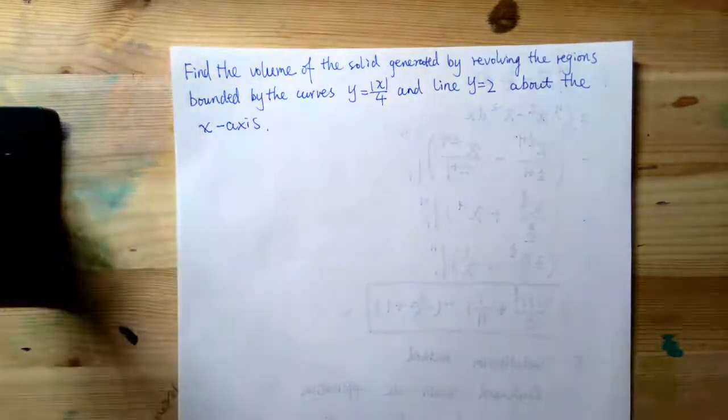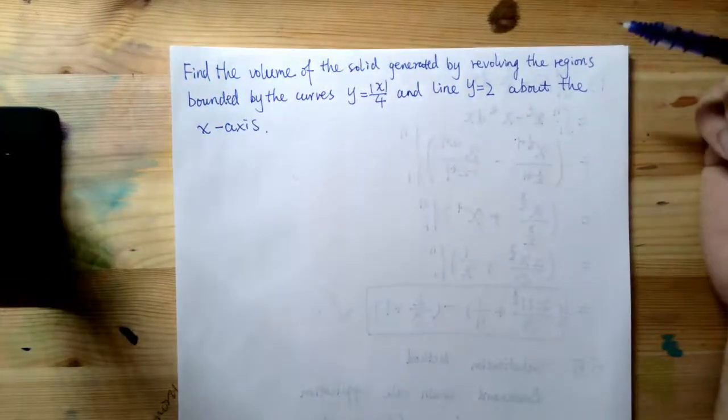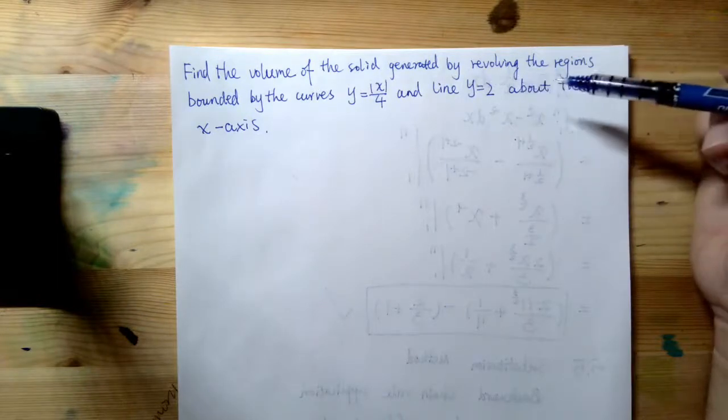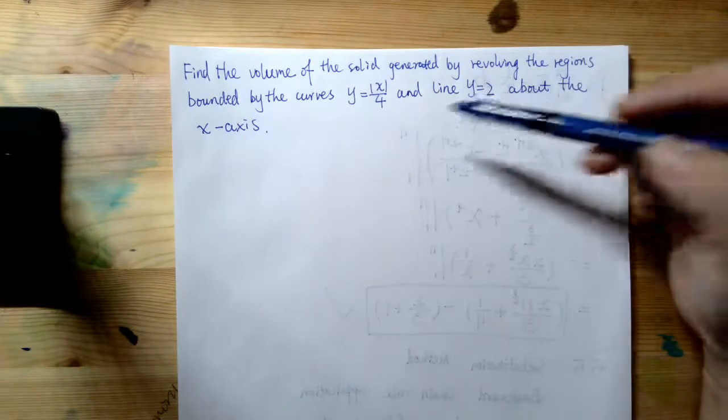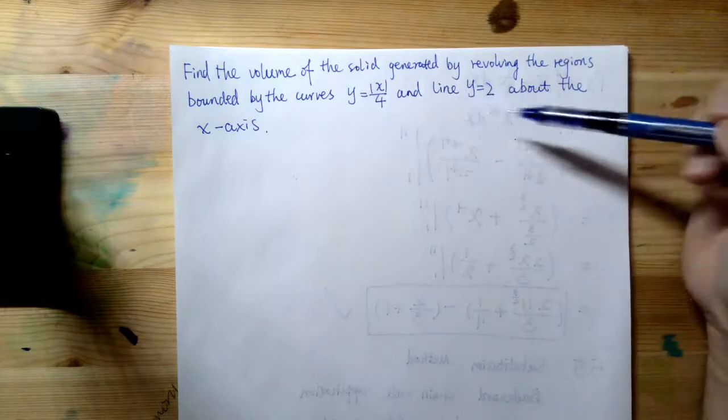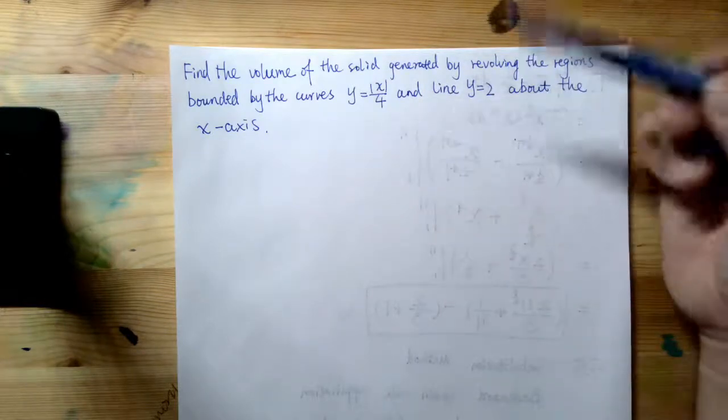Okay, this is the problem. Find the volume of the solid generated by revolving the regions bounded by this, and then revolved by the x-axis.